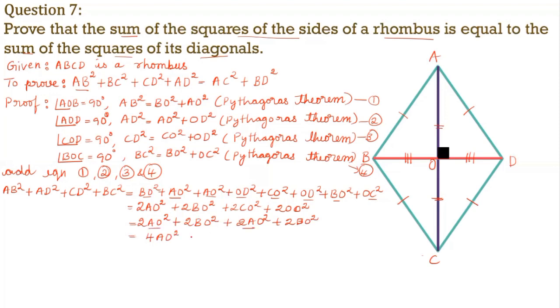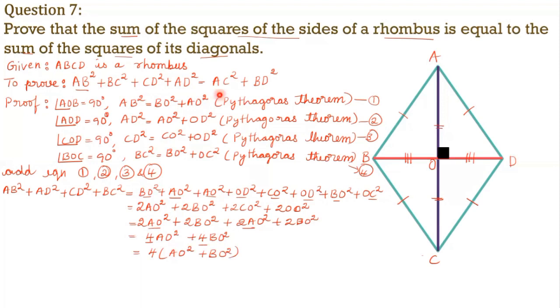2AO square plus 2AO square is 4AO square. 2BO square plus 2BO square is 4BO square. Now here in both the terms 4 is there, so take 4 outside, that is 4 into AO square plus BO square.